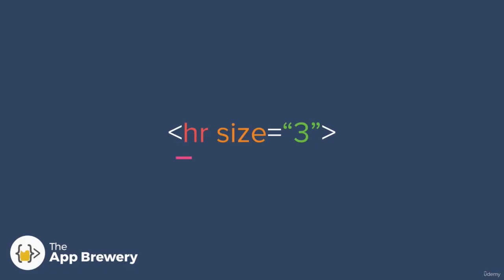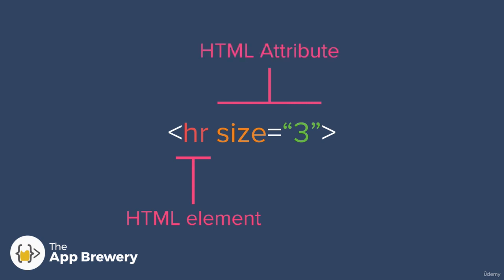Now, we know that the first part of the tag is the HTML element, and it's BR or HR, whatever it is that you want to use. The second part inside the angle bracket, inside our tag, is new, and this is called an HTML attribute.